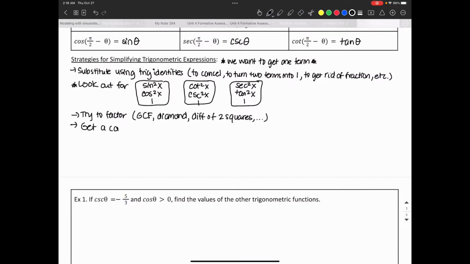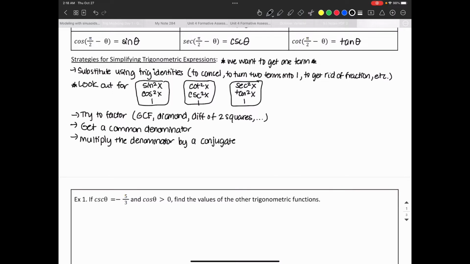I might have to do that to add fractions together, to turn two fractions into one. Maybe I need to get a common denominator and actually combine them. Maybe I want to multiply the denominator by a conjugate.